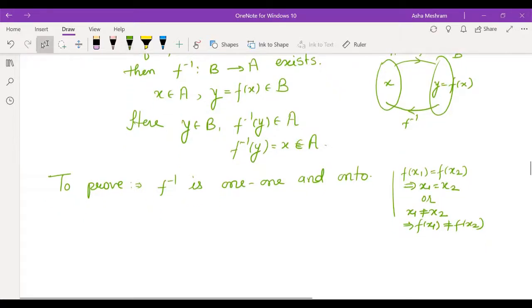So now using this, here we take two elements because two elements are needed.